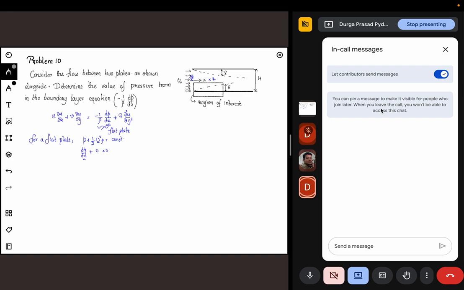At point 0 it is u naught, at point 1 it is u1. So p naught plus half rho u naught square should be p1 plus half rho u1 square. So only if u naught and u1 are the same can we assume that dp by dx is 0.